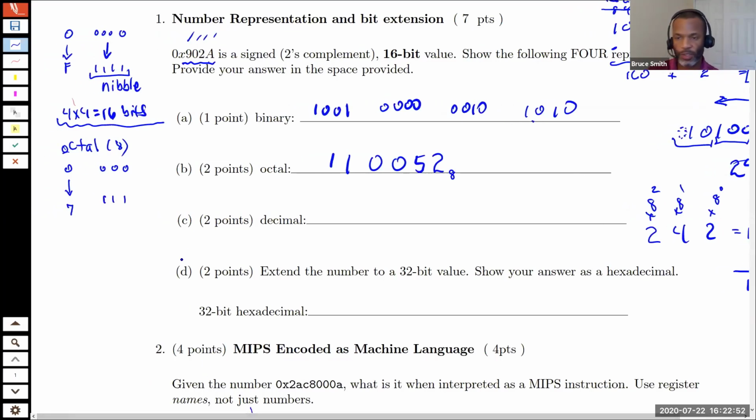In the lectures we get more into 2's complement representation, but complement notation takes a range of values, I'll just use 6, 7, 8, and 9, and it really takes half of those values and says, here's the complement.